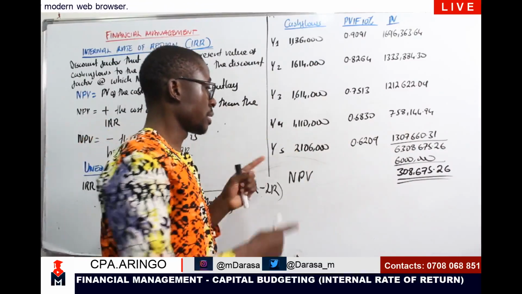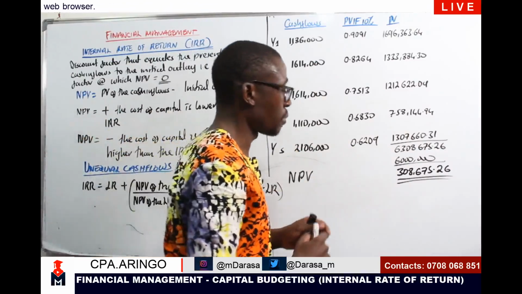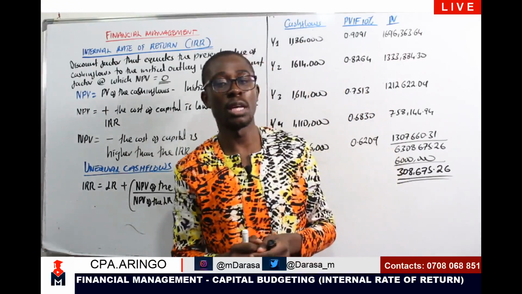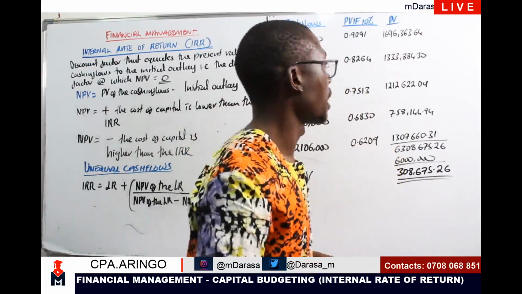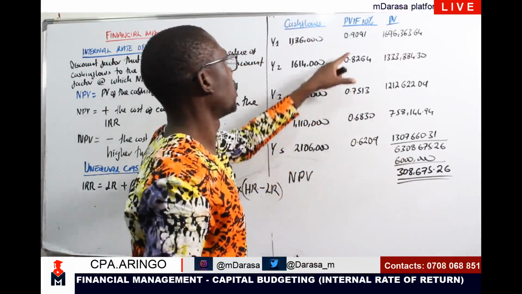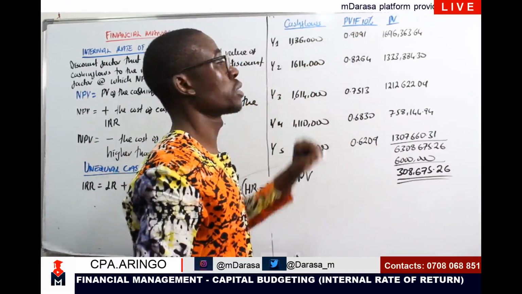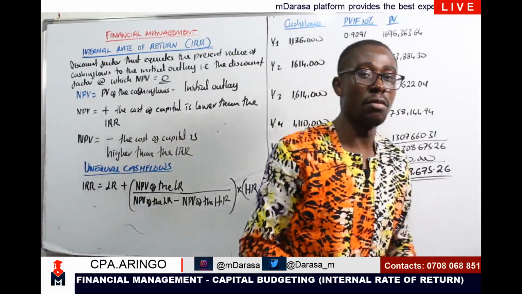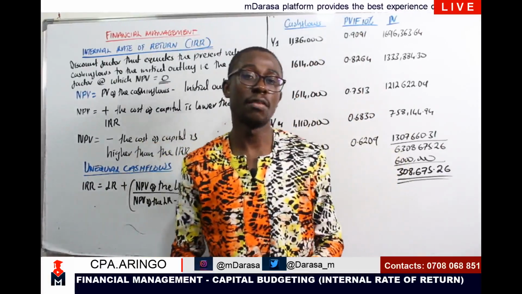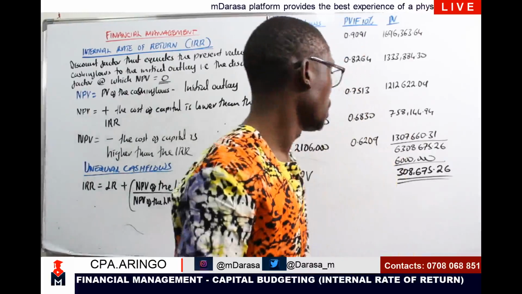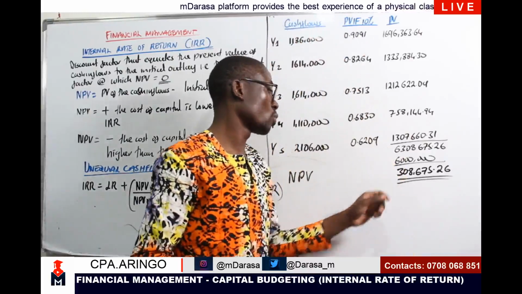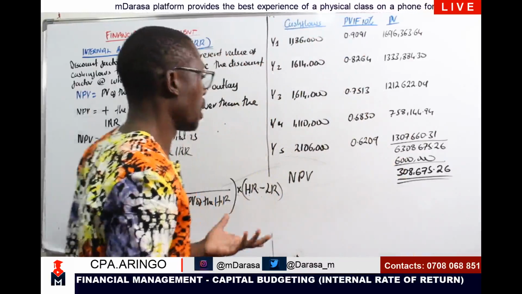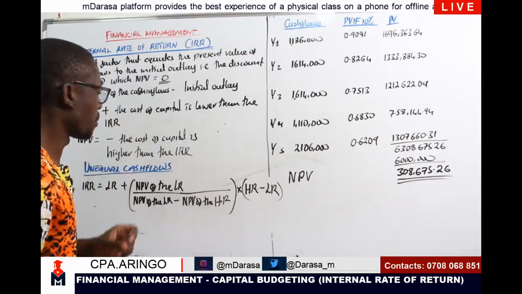So the same concept, the same question, I want us to elaborate our IRR. At this point, recall my present value test factor was 10%, and we got a positive NPV of 308,675. So how will we compute our IRR, my good students?